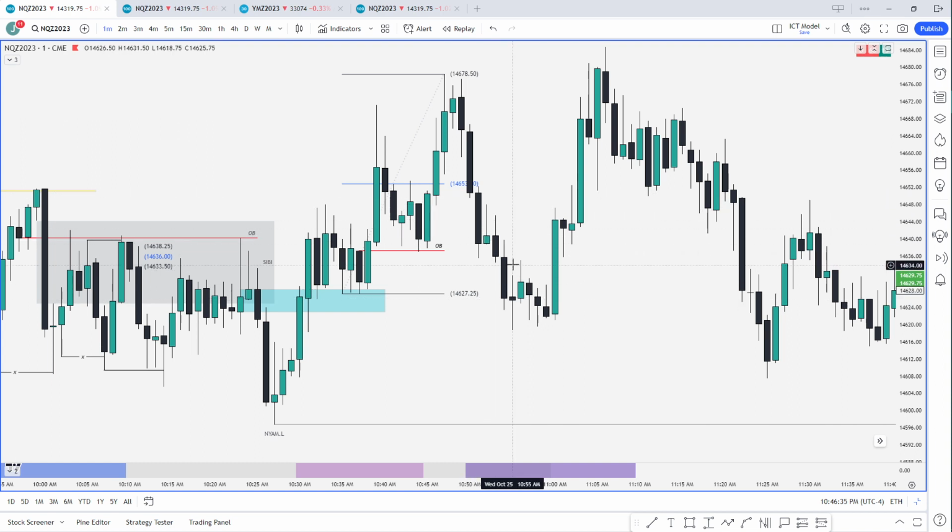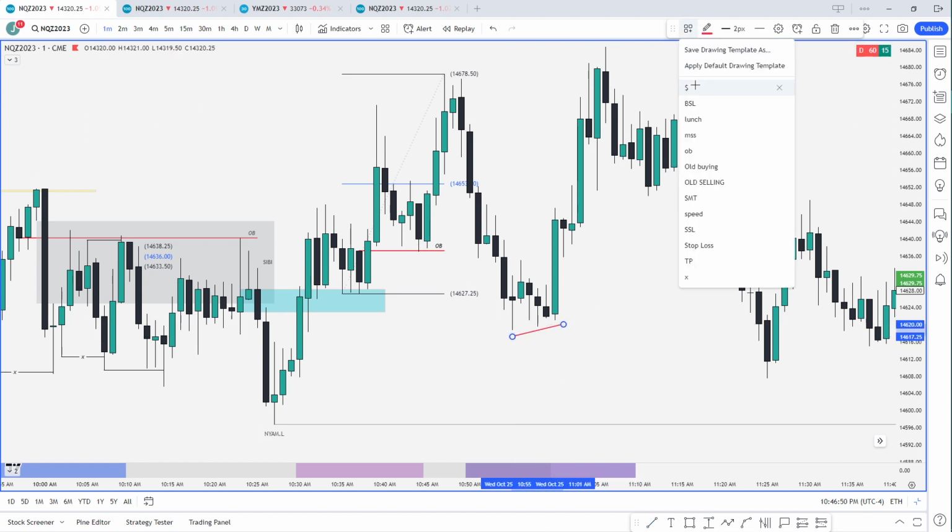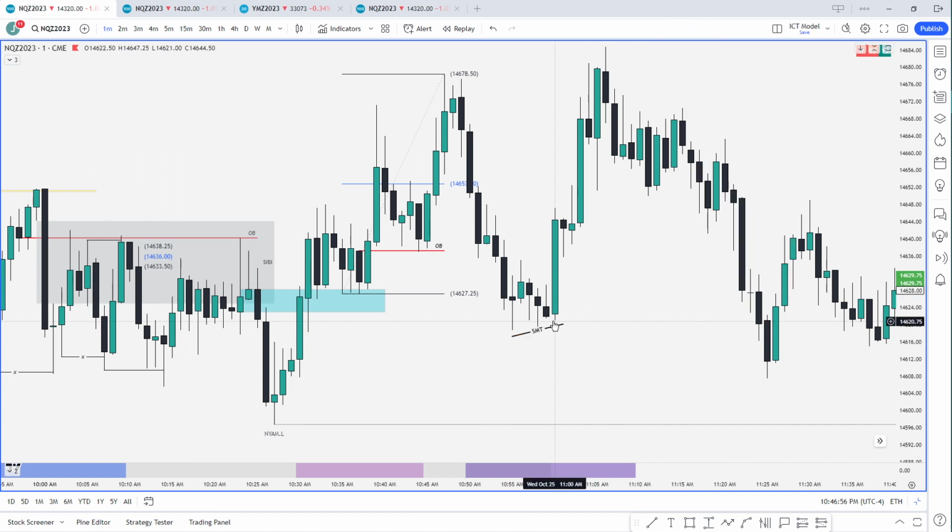Came back lower, tapped into there. Must have SMT here. Feel like we do. Because typically to see a buy program, you need to see a low taken out. We don't have any low taken out here. So what is this? 10:55.